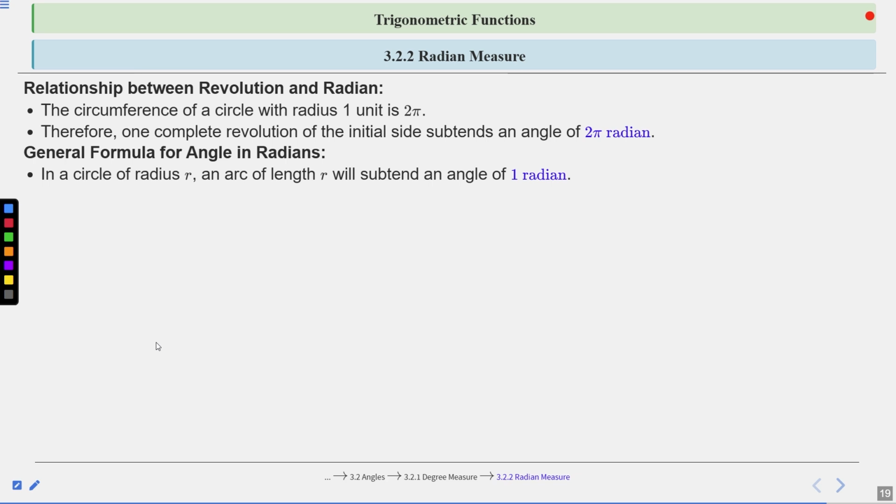Now if you walk from your initial position to the final position, a distance of r units, meaning you walk the same length as the radius, then the angle subtended at the origin or vertex O will be your 1 radian. Clear? This conclusion comes from the previous slide, where we defined 1 radian in terms of unit circles.